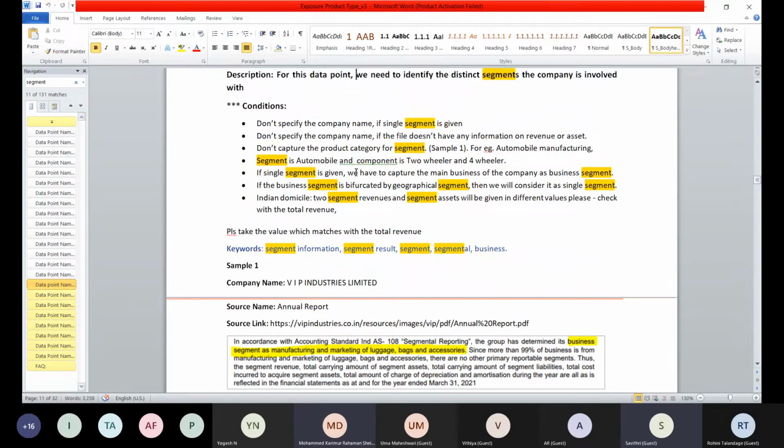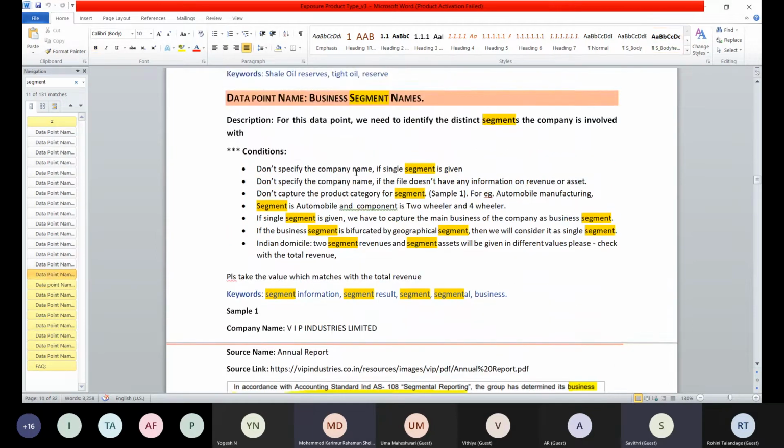Have you understood the concept of this business segment first, team? What is this segment all about? The segment is nothing but what kind or type of business a particular company is doing, whether they are into only one business or more than one.